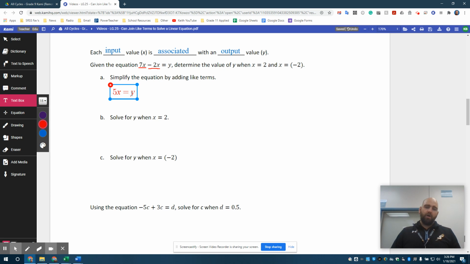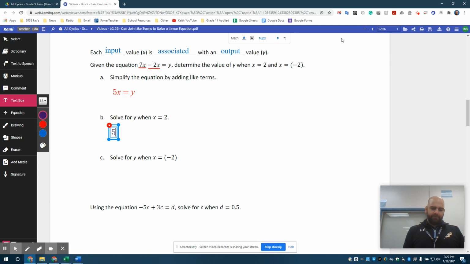Once we have this here, this is our simplified equation. Now we can actually solve for either x or y. In this case, we're given x, so we want to try to solve for y. So let's solve this equation for when x equals 2. We're told that x equals 2, so we're going to plug that 2 back in for x. I'm going to always use brackets when I plug something in, even if it's not negative.